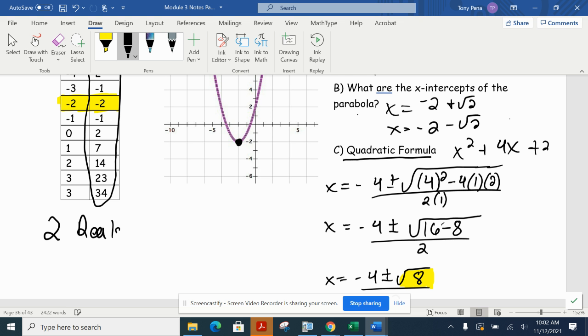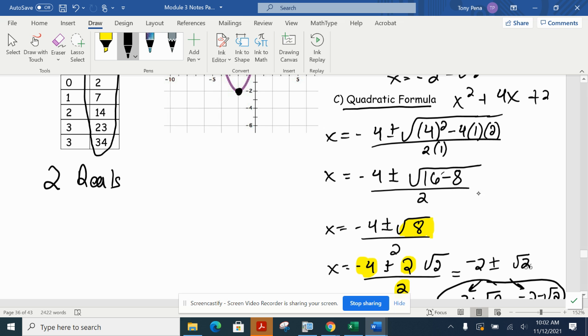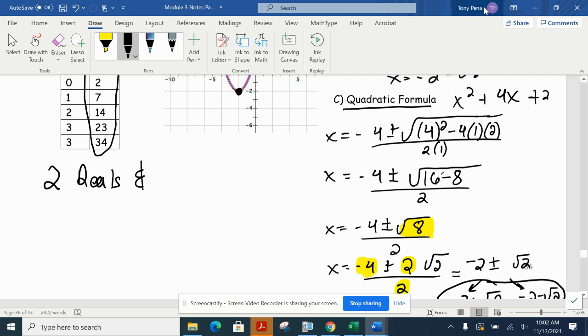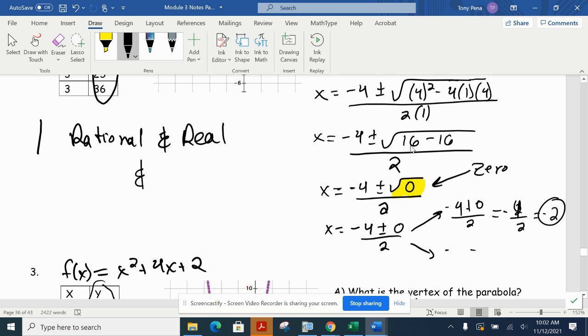So they're still real numbers. Every number you've seen in your life we consider in the real number set. However, notice when we plug this into the calculator, this is a decimal that doesn't repeat. There's no pattern here. The only reason it ends is because the calculator screen ends. So this is an irrational number. Anytime I have a square root of a non-perfect square, the previous couple, we've been saying they're real numbers, but we've also been saying that they're rational numbers.